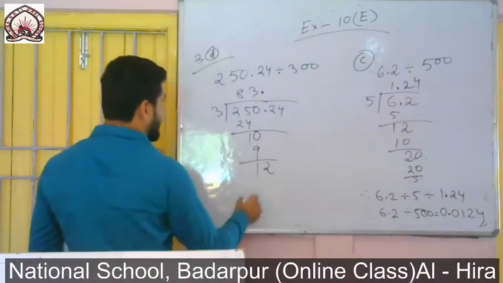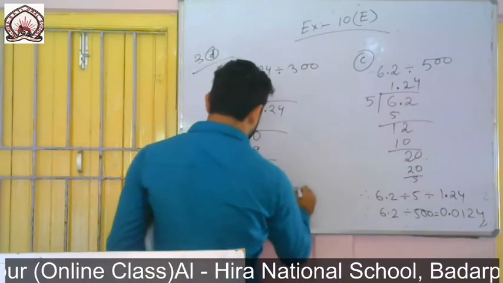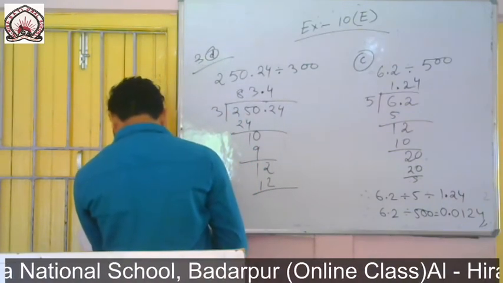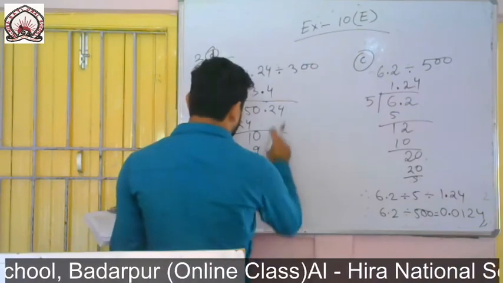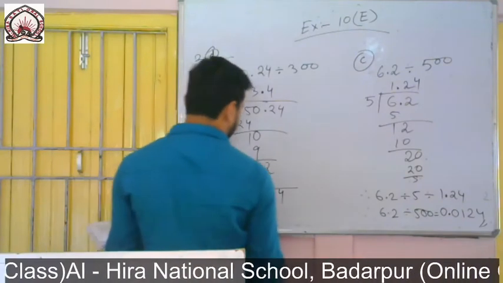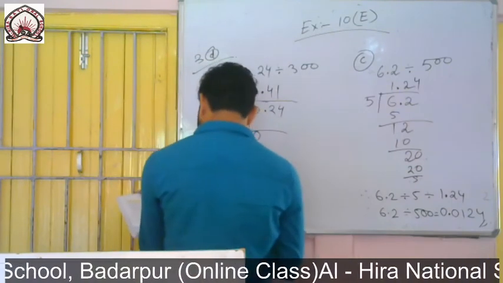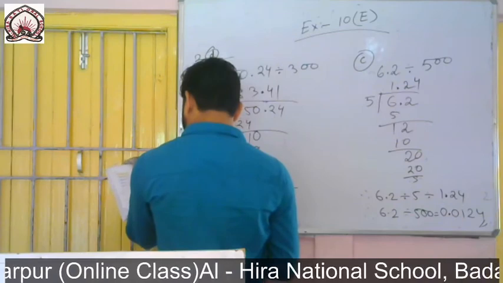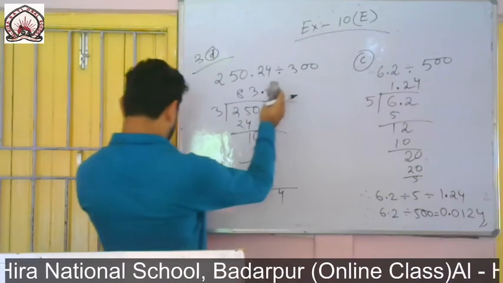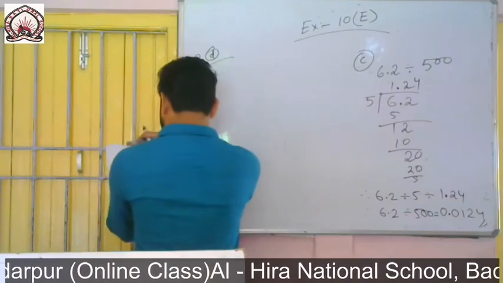Then 12, 3 4s are 12. Oh, I have written the wrong question. It will be divided by 800. So don't divide by 3, it will divide by 800.